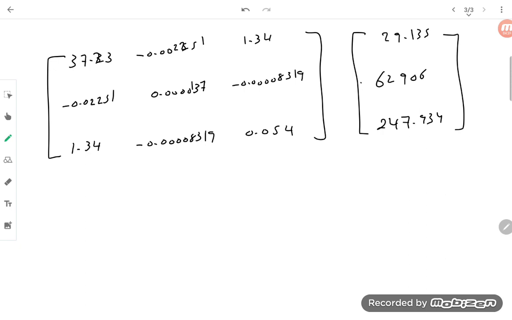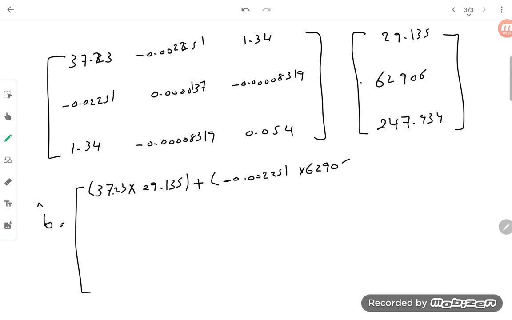In order to calculate the value of b1, we are going to multiply the first row with the column. So it is calculated as 37.23 multiplied by 29.135, plus negative 0.00251 multiplied by 62906, plus 1.34 multiplied by 247.934.